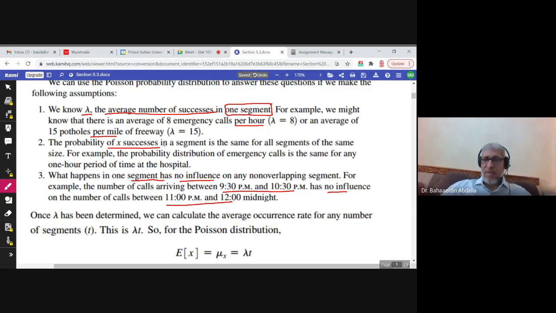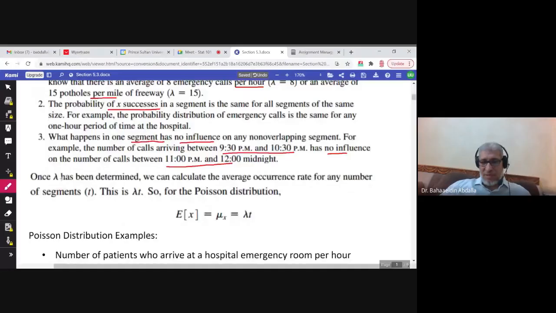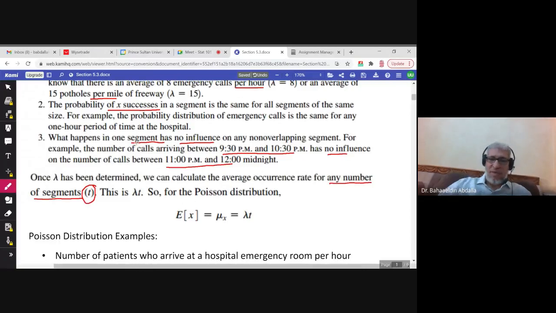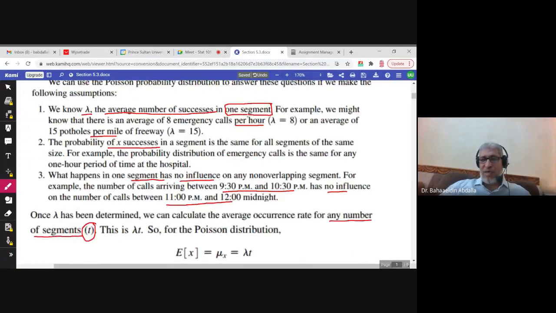So independence, the probability of X successes remains the same from segment to segment, and the average number of successes per segment is called lambda. Now, if you know lambda and you have different segments, we will call T the number of segments. So here, per hour, if you talk about 3 hours, then T would be 3.